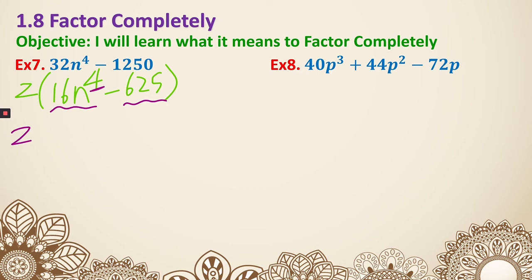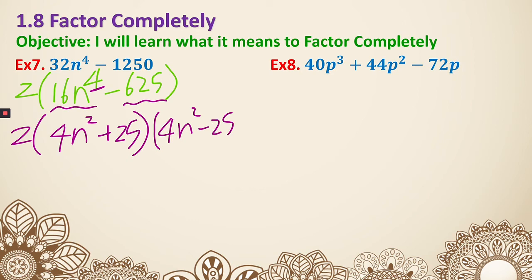The 2 stays outside, and I'm going to need to find the square root of 16, which is 4. The square root of n to the 4th power is n squared, then plus the square root of 625, which is 25. And the other parenthesis, I just need to change the plus sign to a minus sign. Now the first parenthesis, I have 4n squared plus 25. That's the sum of perfect squares.